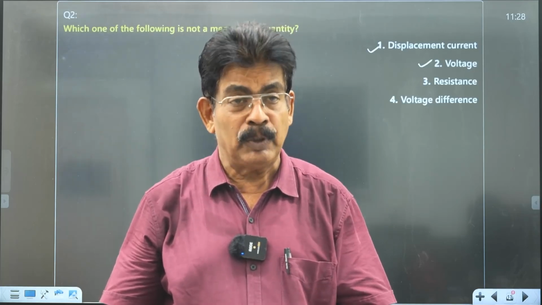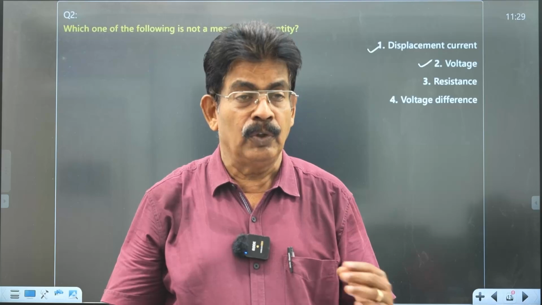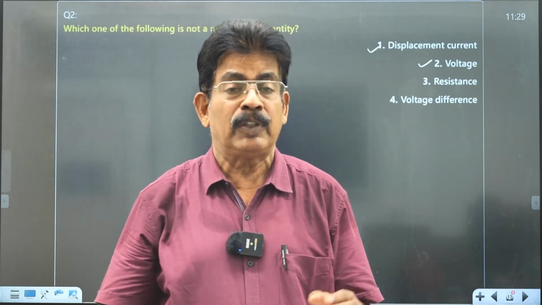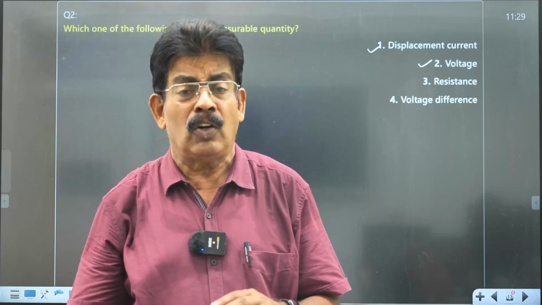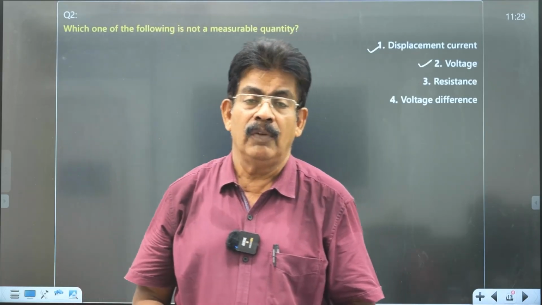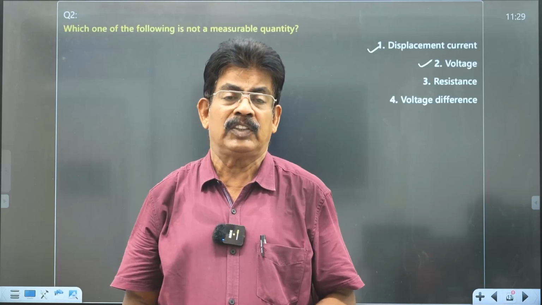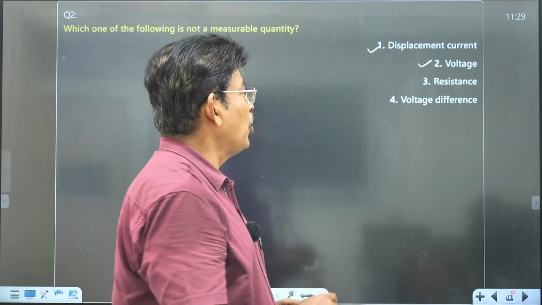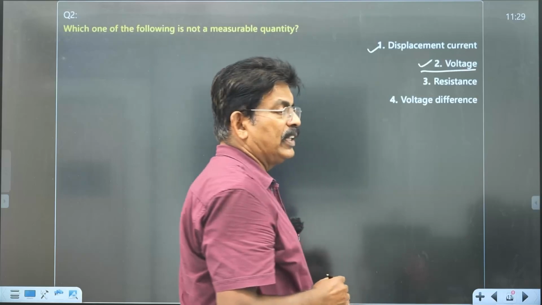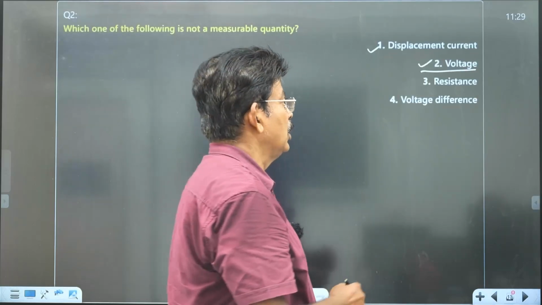And if you measure the potential difference and you know the potential of one of the points, we can find the potential of the other point. But we are not directly measuring the potential of a point. We are measuring only the potential difference. So logically speaking, we are not measuring the potential.